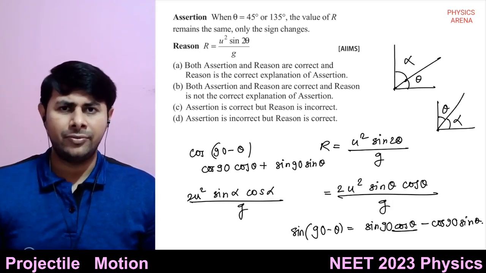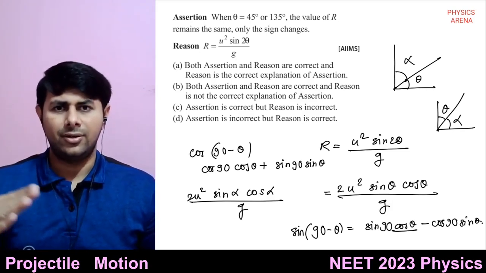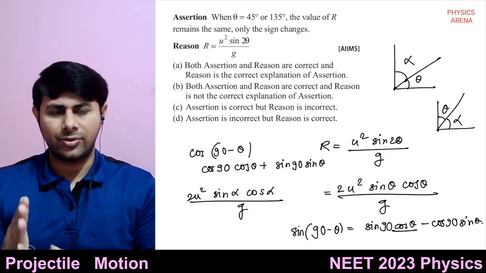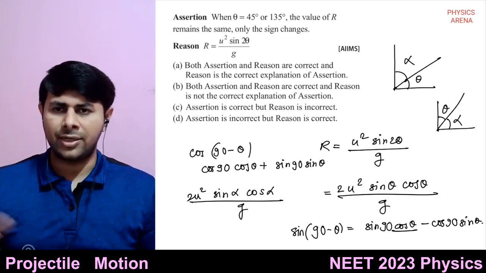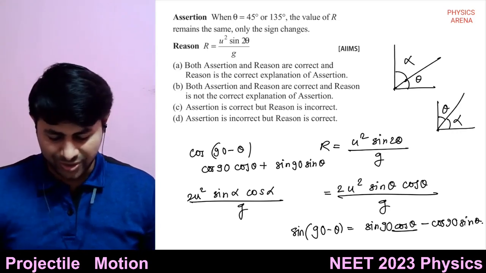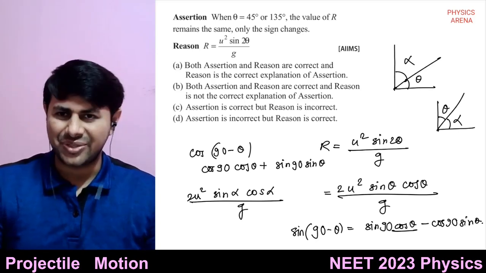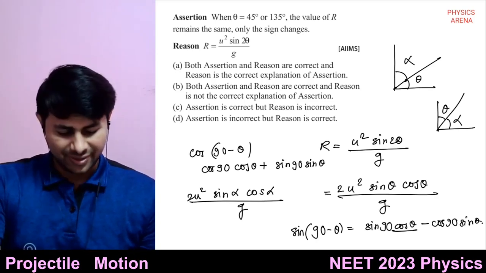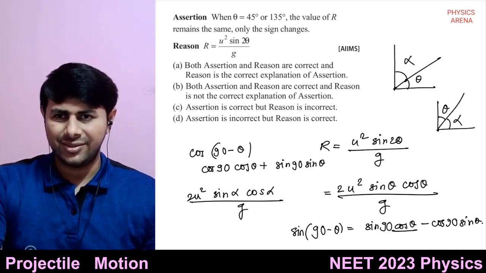A projectile thrown at theta with horizontal, or thrown at 90 minus theta with horizontal, will have the same range. Is this clear?